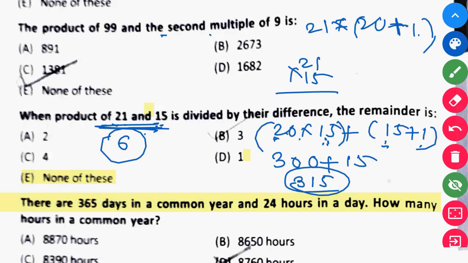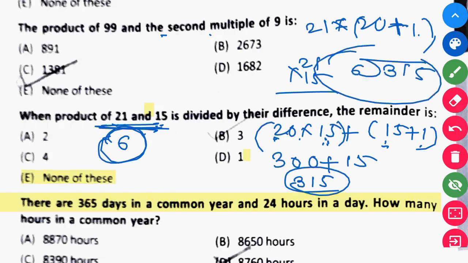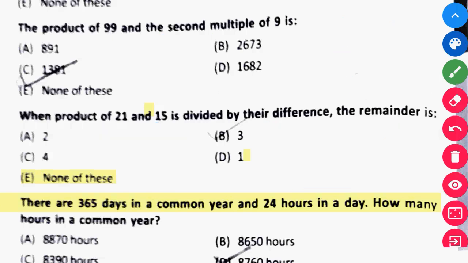Here 20 plus 1 is 21. So I had added here the multiplication of two numbers. Now the difference is 6. Now you just have to divide 315 by 6 and you get your answer.